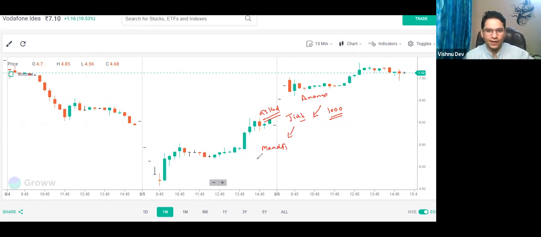We can get lots of good cheap shawls in less rupees. Okay, so Ananya lent Jia 1,000 rupees. Jia also had 500 rupees, right? And she bought some shawls. Suppose she bought 15 shawls at 100 rupees.